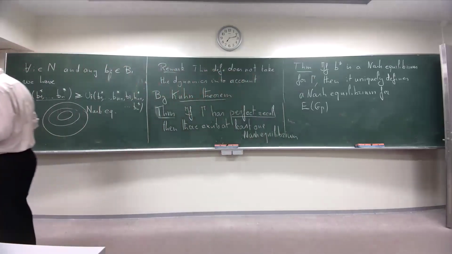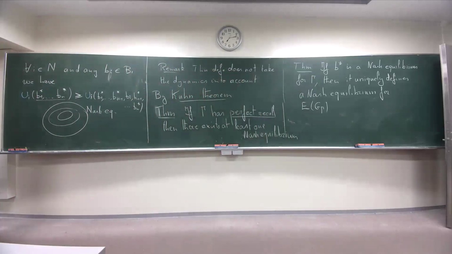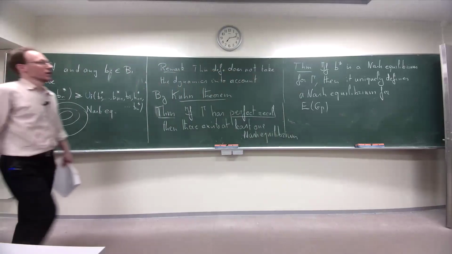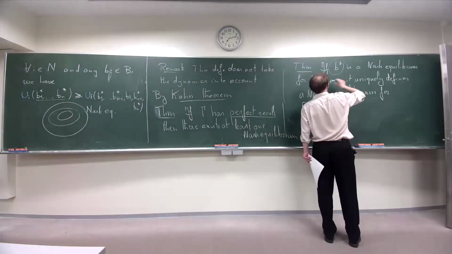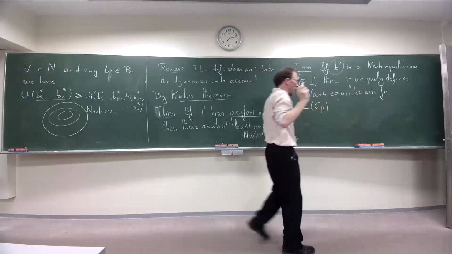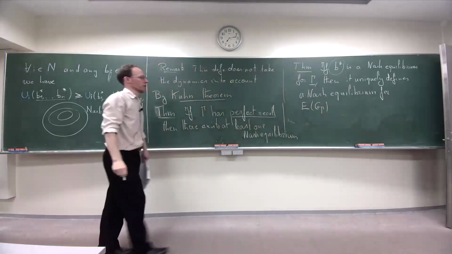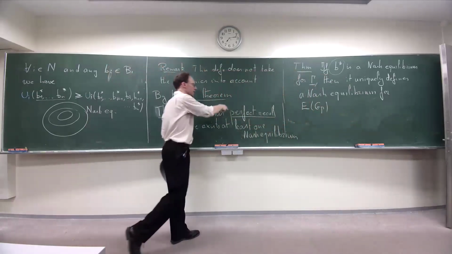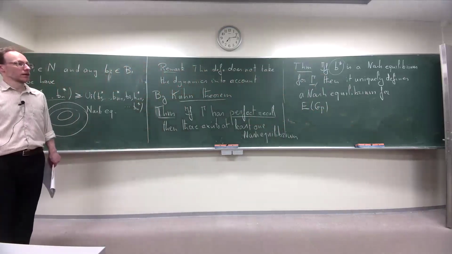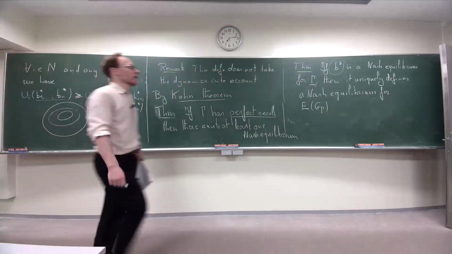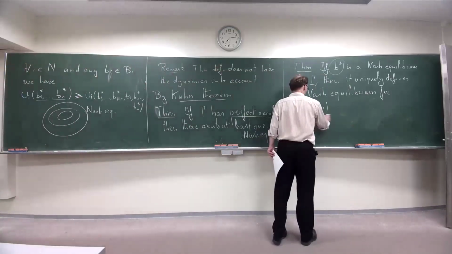So what does it mean? Observe that here I didn't assume perfect recall. I am just saying if you have a Nash equilibrium for gamma, I'm not asking for this additional condition, then it defines a Nash equilibrium for this mixed extension.